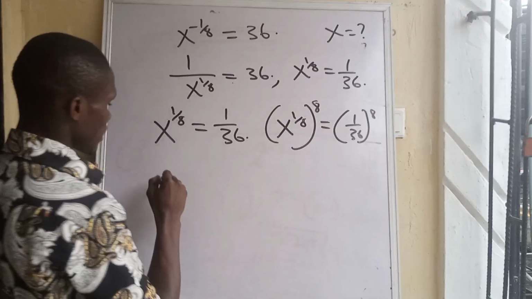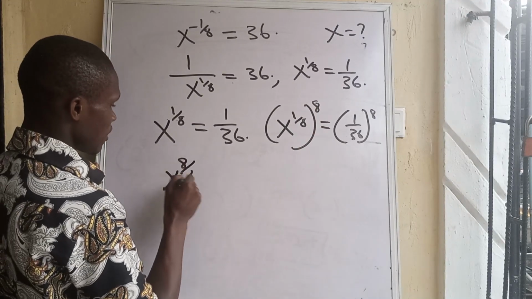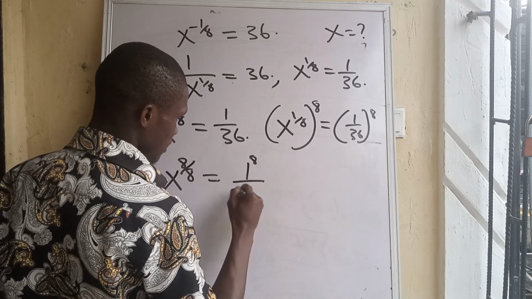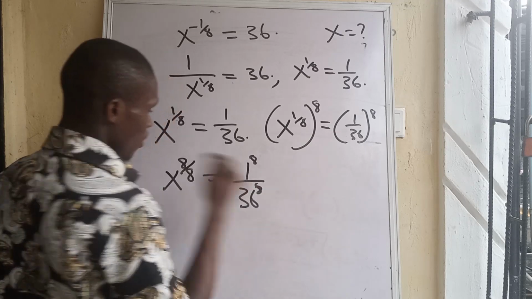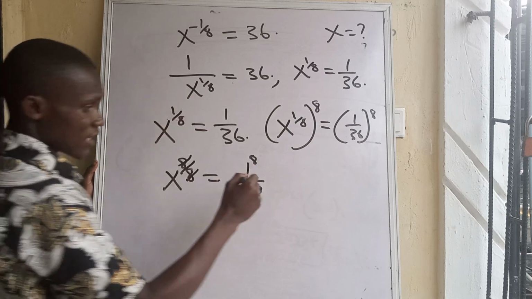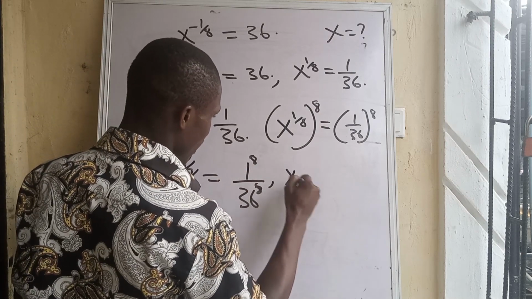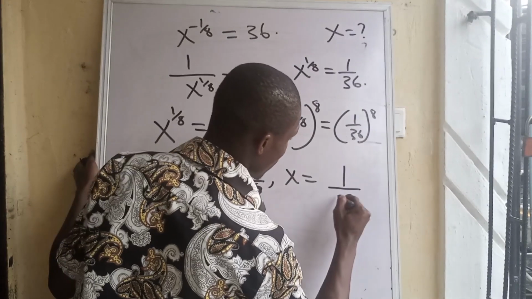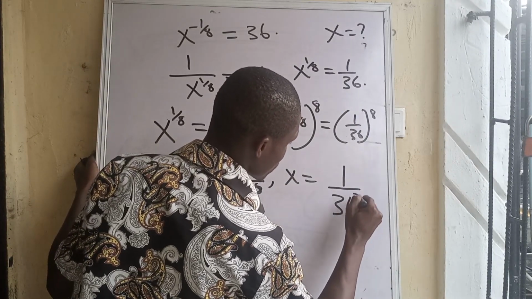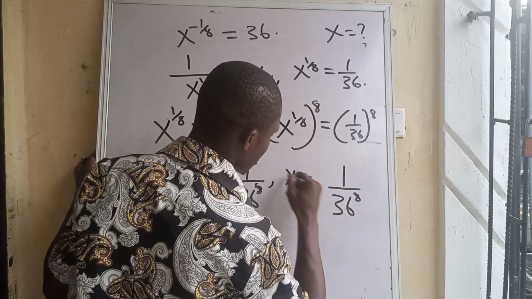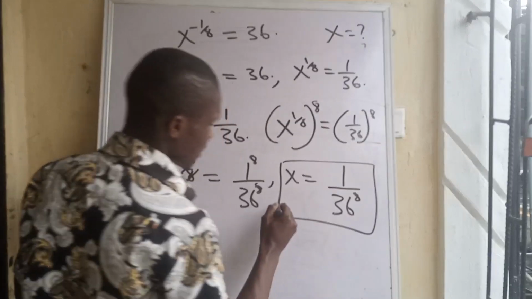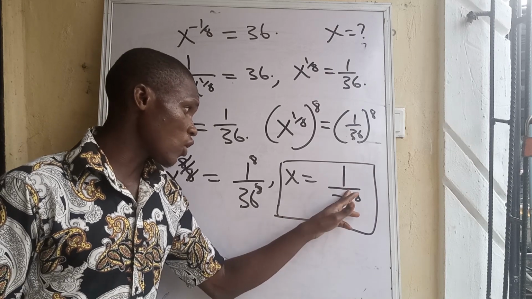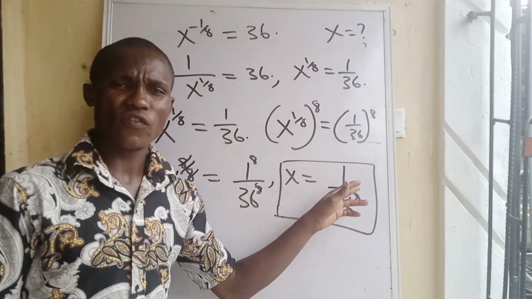So x to the power of 8 all over 8 is equal to 1 to the power of 8 all over 36 to the power of 8. So this and this can go up. So our x is equal to, and 1 to the power of 8 is going to give us 1, all over 36 to the power of 8. So this is the final answer for x: x is equal to 1 all over 36 to the power of 8.